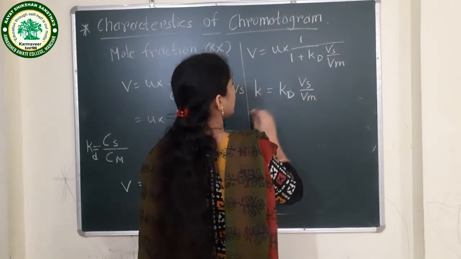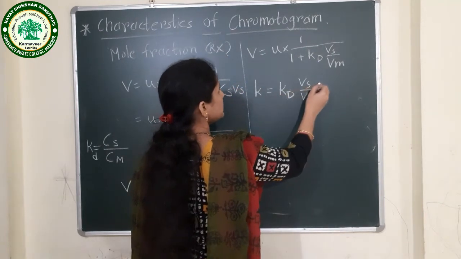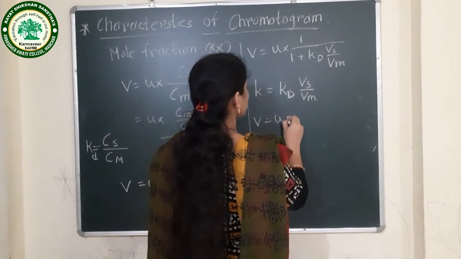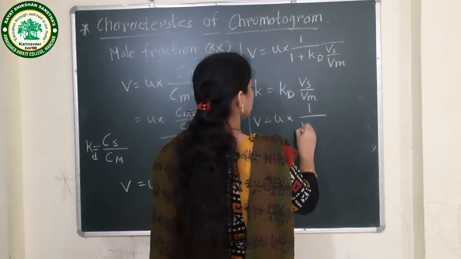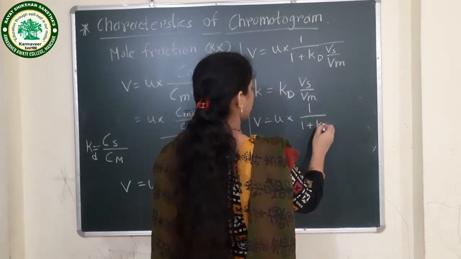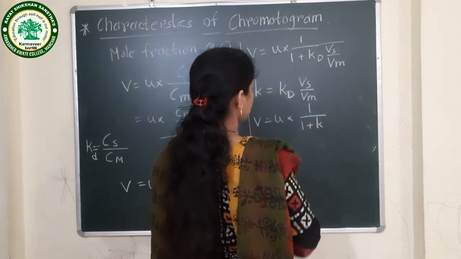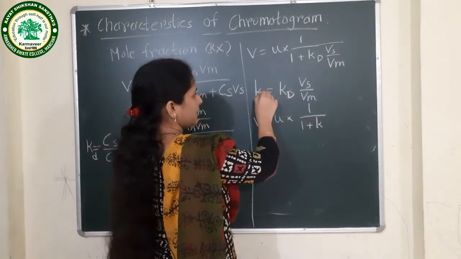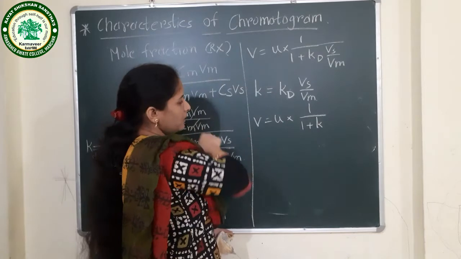This is what? Capacity factor. We can put this value in this equation. V is equal to U into 1 upon 1 plus k. Okay. We are putting k. k is what? Capacity factor.